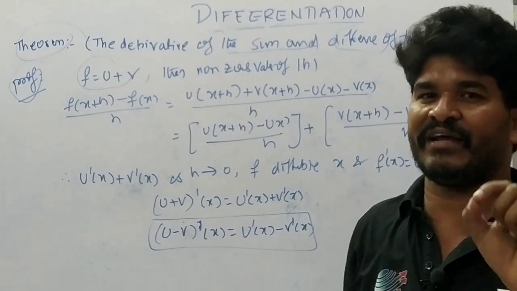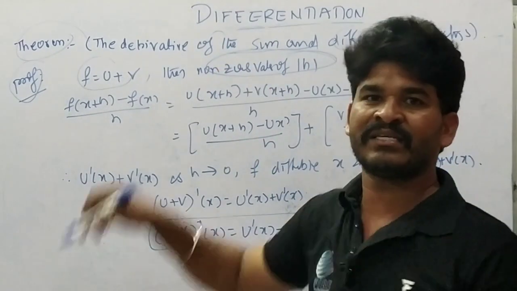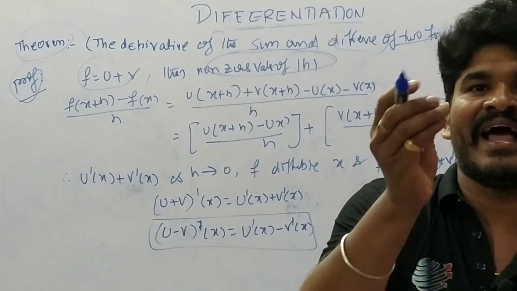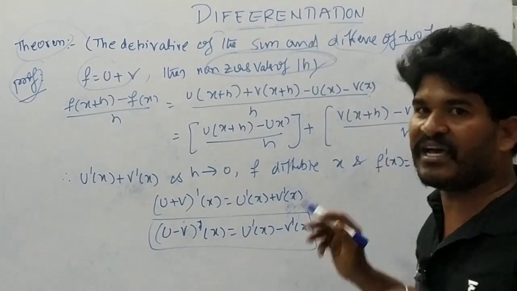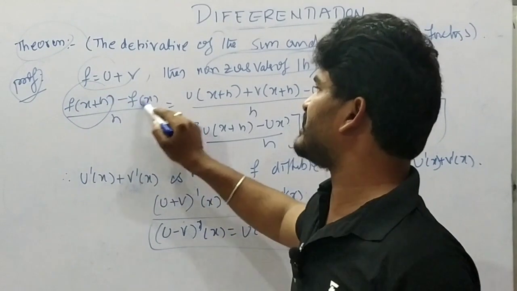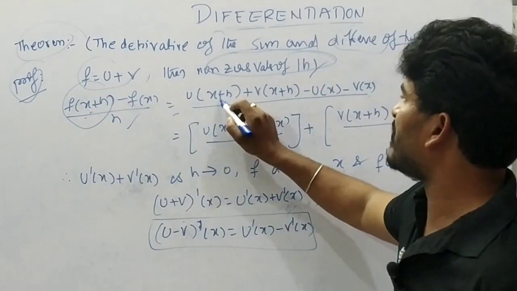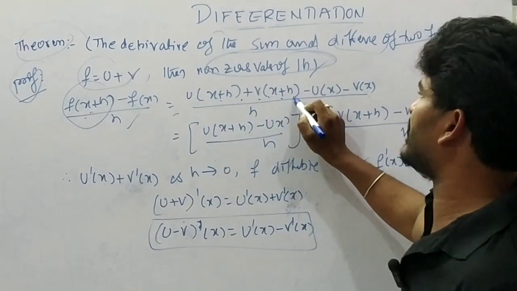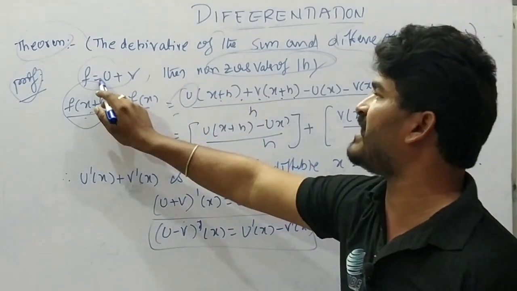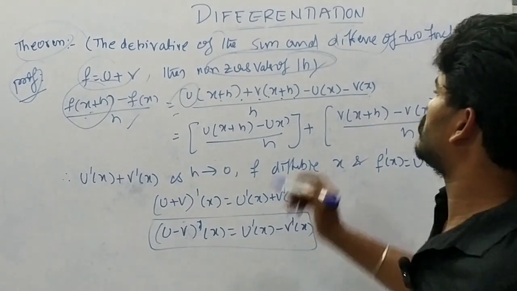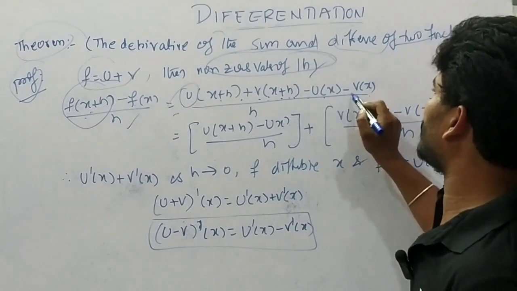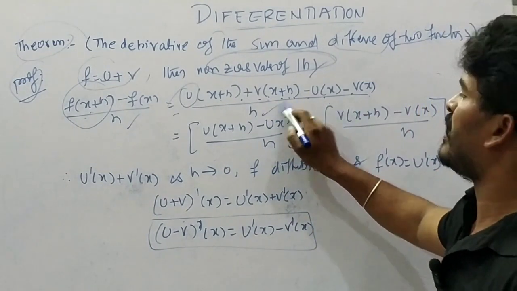Here, the functions must be differentiable and continuous. Therefore f of x plus h minus f of x, divided by h, is written as u of x plus h plus v of x plus h, minus u of x minus v of x, divided by h. Dividing into two terms: u of x plus h minus u of x divided by h, plus v of x plus h minus v of x divided by h.